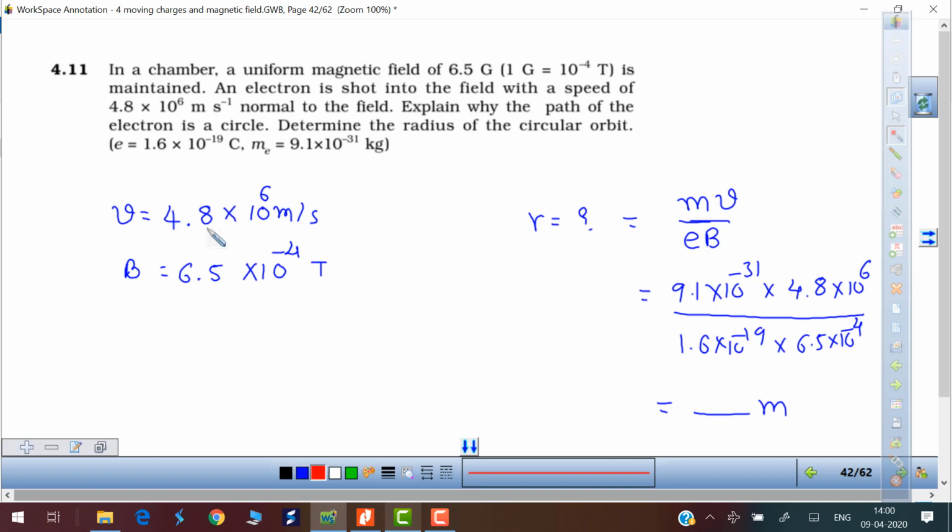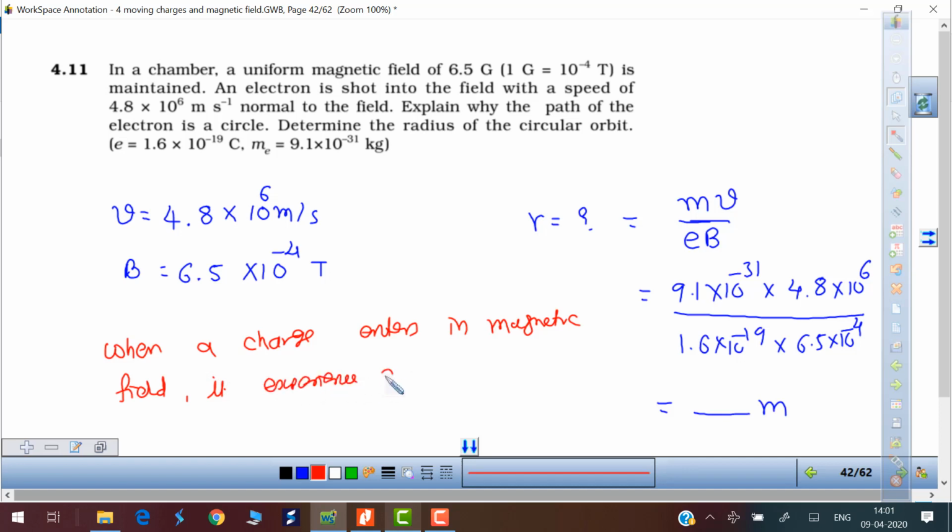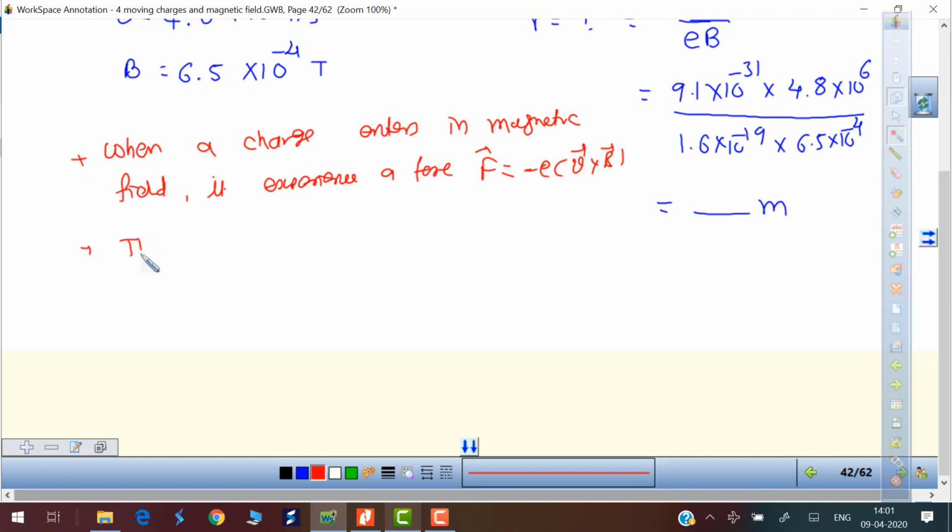So first we discuss when a charge enters a magnetic field, it experiences a force F equal to minus e V cross B. This force is always perpendicular to V and B both.